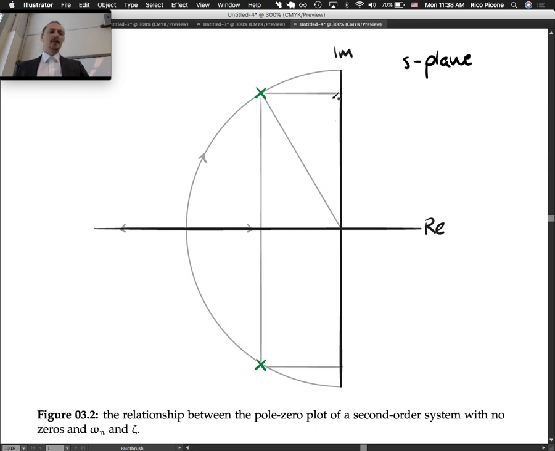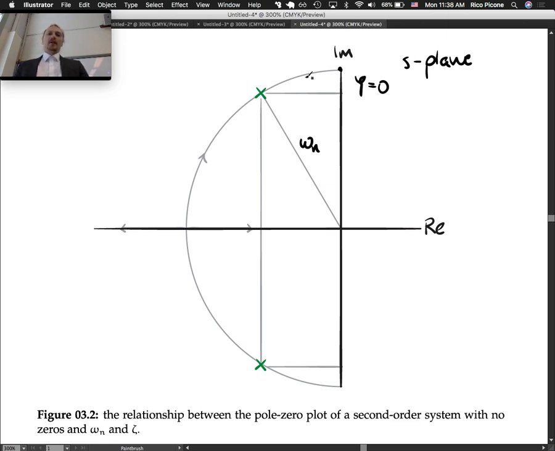If you start up here, remember this is zeta equals 0, right? There's oscillation but no damping at that point. And the height of it is actually the natural frequency. But it turns out that the entire arc has a radius of the natural frequency, omega n.